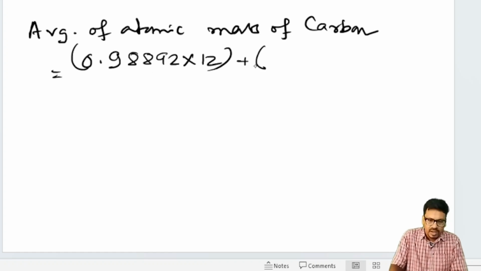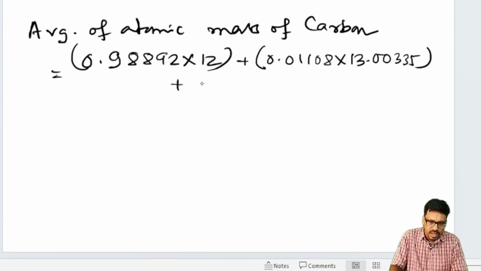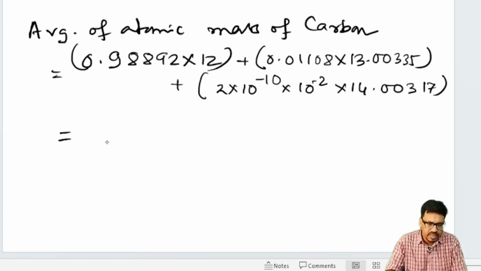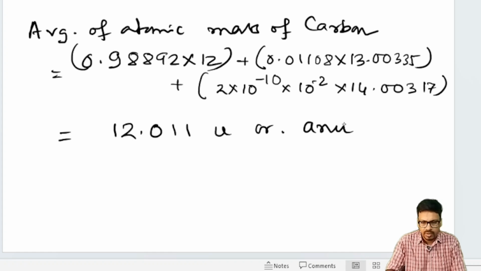Okay, now this is 0.01108 into 13.00335 plus the percentage, that means 2 into 10 to the power minus 10 and 10 to the power minus 2, that means this is the percentage, into 14.00317, that means this is 12.011 U or AMU.